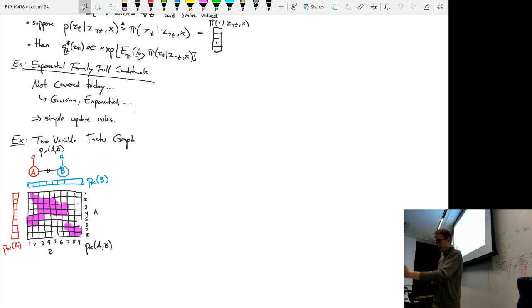So if we were to run something like a mean field approximation here, then we might have an A and a B that were completely disconnected.